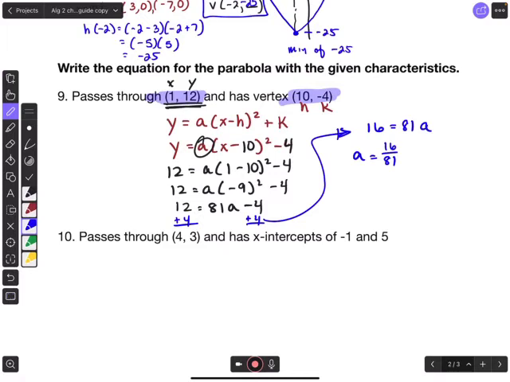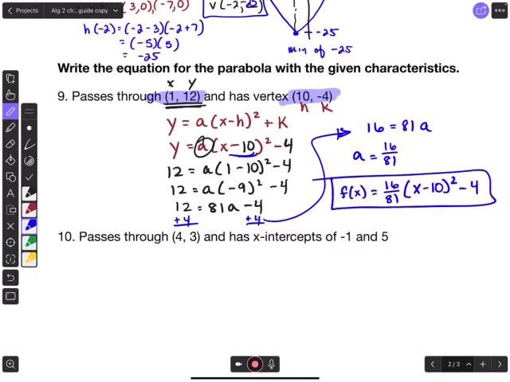I think that's as simple as we can get it. Now your answer, I saw this on the quiz, is not a. Your answer is the full function. This function, let's just call it f of x, we could put a y there, a g of x, whatever you'd like to, is the a value, and then your x minus your 10 squared, because we know the h, and minus 4.